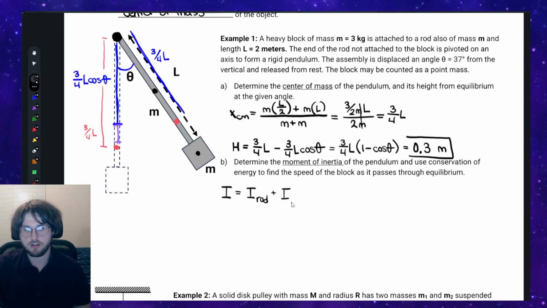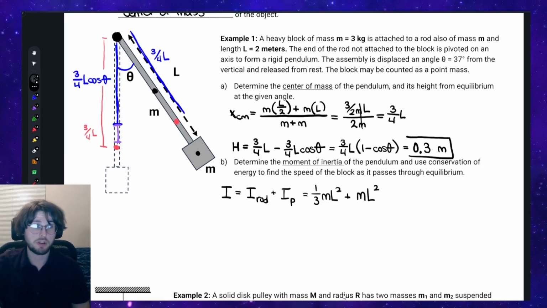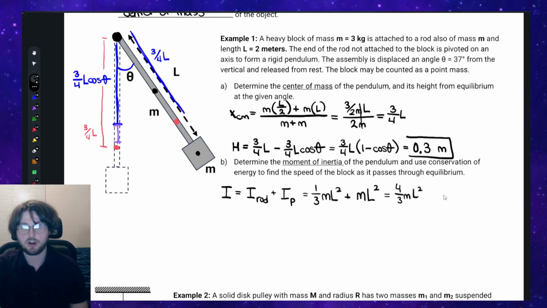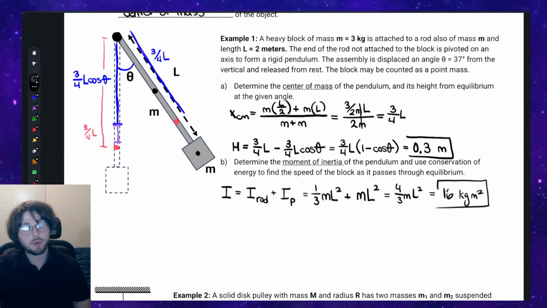The formulas for each of those are 1/3 ml squared for the rod and just regular ml squared for the point mass at a distance L away. Combining those together, we would get 4/3 ml squared, and plugging in our numbers, we would end up with a rotational inertia of 16 kilogram meters squared. And once we have that, we're ready to proceed to the energy phase.